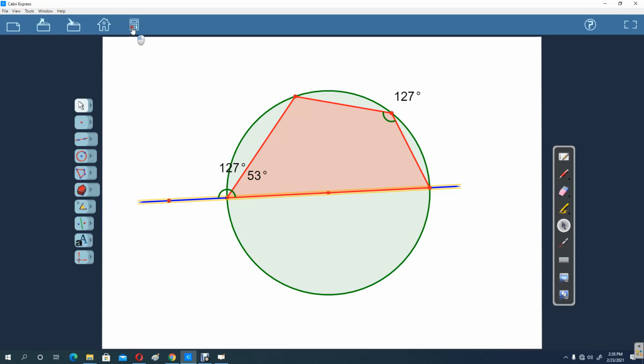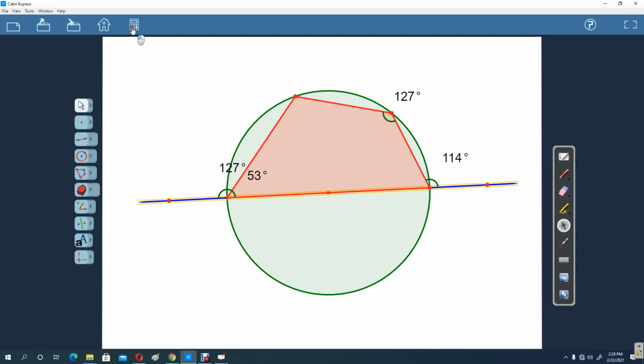I'm going to try it again, and just extend this line and put a point on it so we can put an angle. So here we go. Let's measure this angle here on the outside. This angle on the outside measures approximately 114 degrees, which means that if we measure this angle here, it should give us 114 degrees.